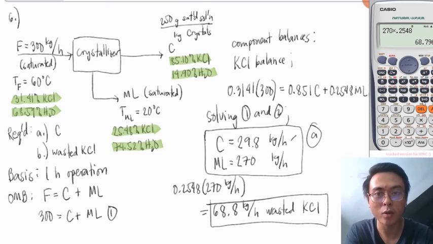You can cool it down and you can obtain more crystals. That is an example of a recycle problem, and later on during this term, you will be taught how to deal with recycle problems. But for now, this is how we answer crystallization problems.